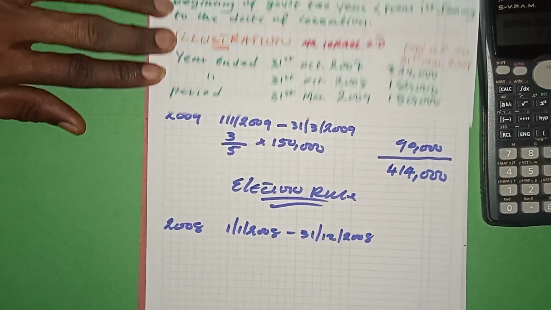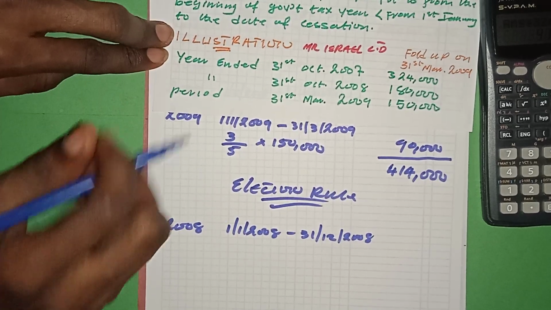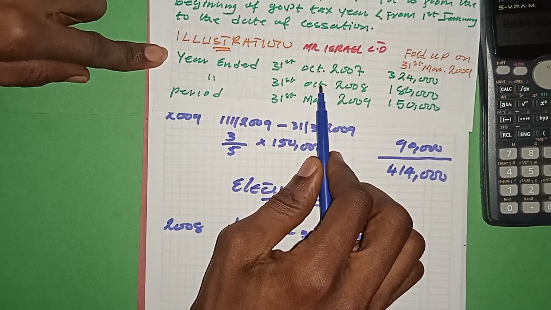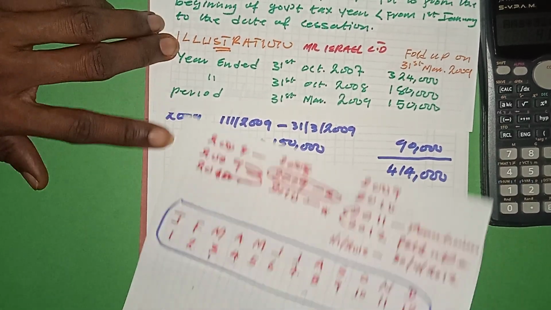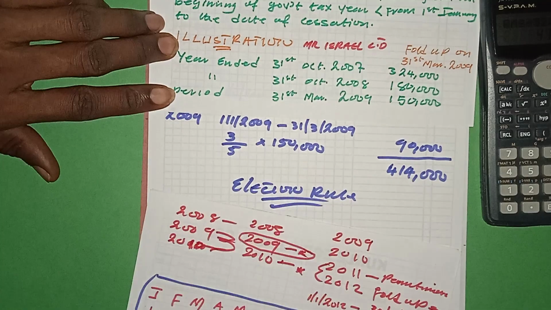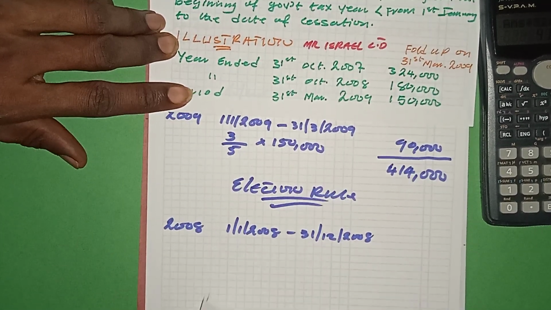Hope you are together. Now, if you check 28 here, you find out that you have 12 months. Just know this. This is where the confusion is always coming, but you will get it.